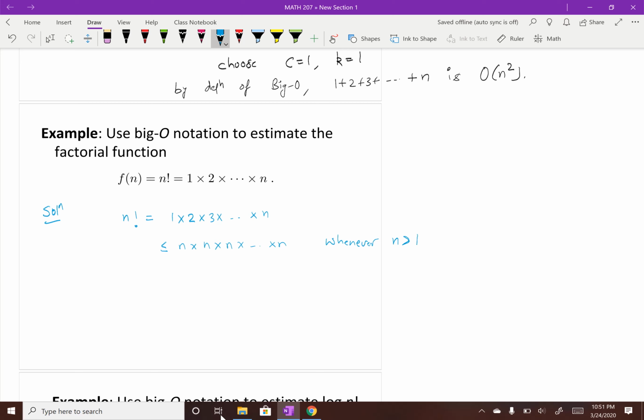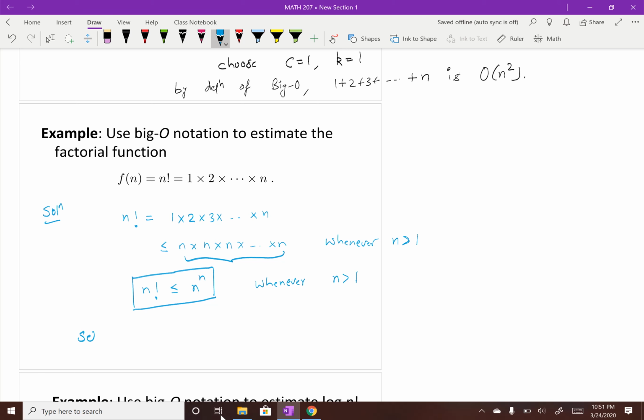When you multiply n number of times, this side is n to the power n. This side is n factorial. So you have this inequality, and it is true whenever n is greater than 1.